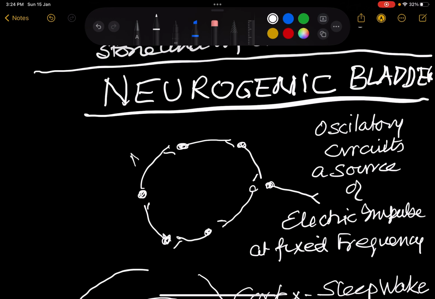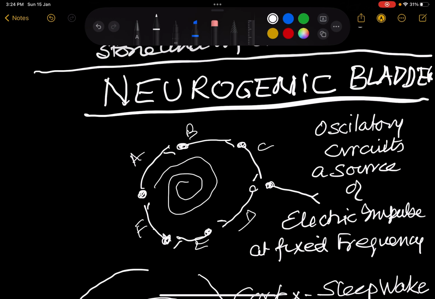So if neuron A stimulates B, then C, then D, then E and F, and it comes back to neuron A, and if by this time neuron A is not in the latent period, then the impulse will start going round and round.